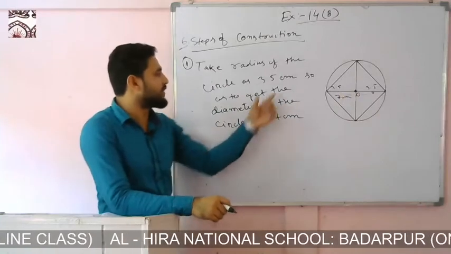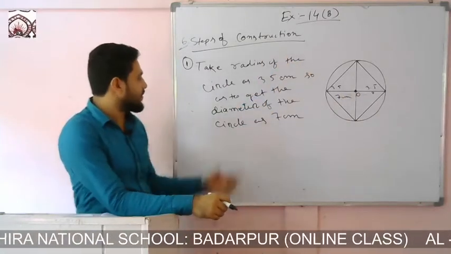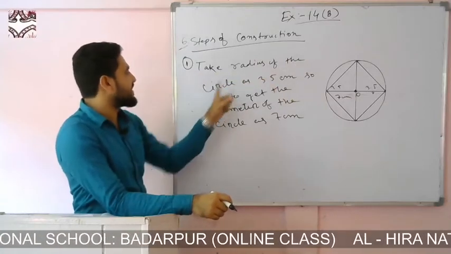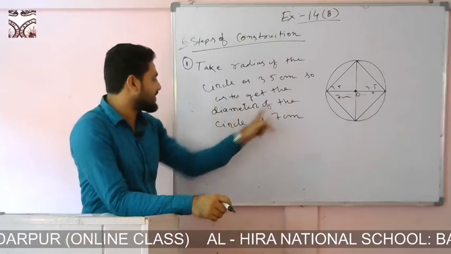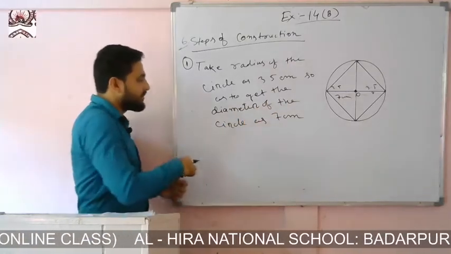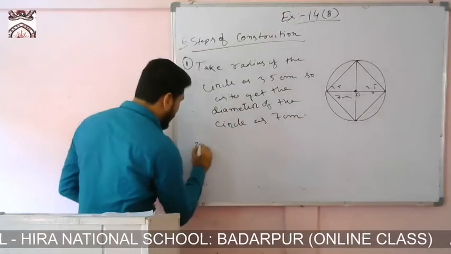For that reason you have to take radius 3.5 centimeter, as I showed you earlier. So write: take radius of the circle as 3.5 centimeter so as to get the diameter of the circle 7 centimeter.